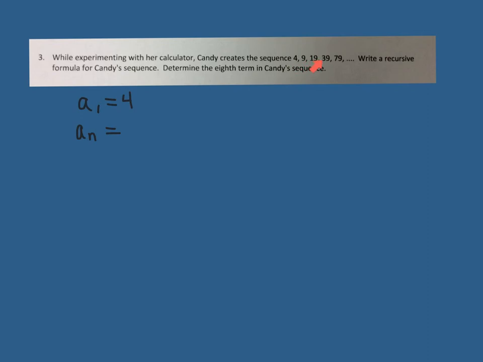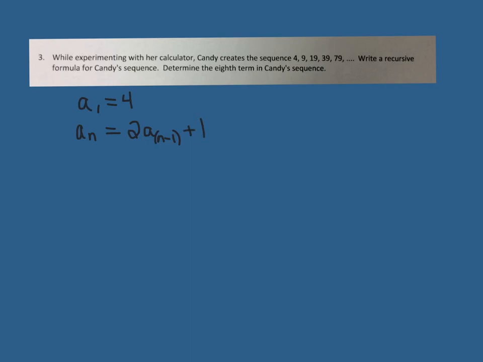So if we want to make a rule, we could say she's doubling the previous term and then adding on 1. So a sub n equals 2 times the previous term, and the previous term would be a sub n minus 1. If you want to put that n minus 1 in parentheses, you can, but you definitely don't have to. So she's doubling the previous term and adding on 1 to that.